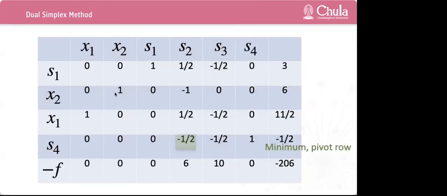Now we use Gauss elimination to make this column, because x2 is now basic variable, so this element must be 0, 0, 0, 0. Only 1 on the x2.